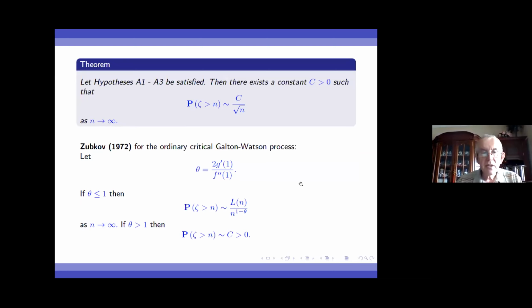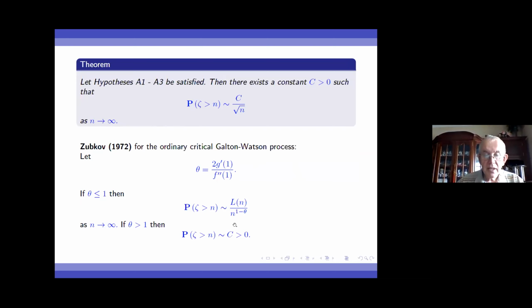I would like simply to compare this result with the results of Zubkov for the ordinary critical Galton-Watson process, where he used these parameters. This is not a random variable now, because the ordinary Galton-Watson branching process is considered. Zubkov proved that in this case the life period behaves like this, where L of n is a slowly varying function as n tends to infinity, if this parameter theta is less than or equal to 1.